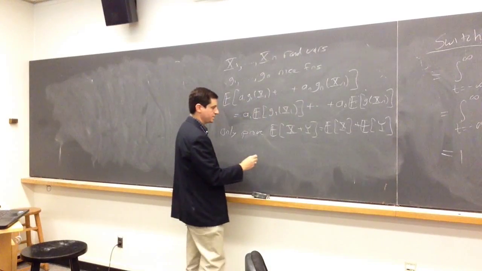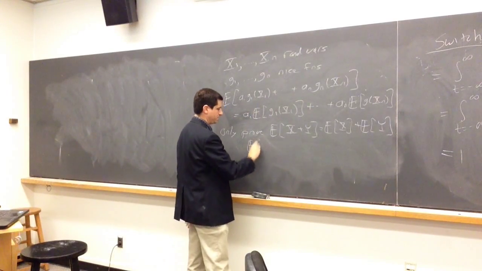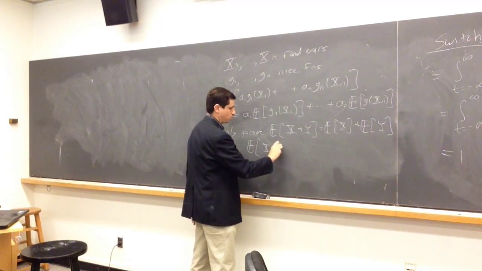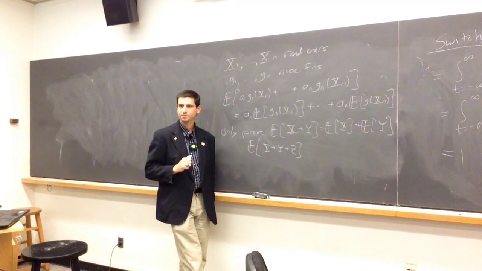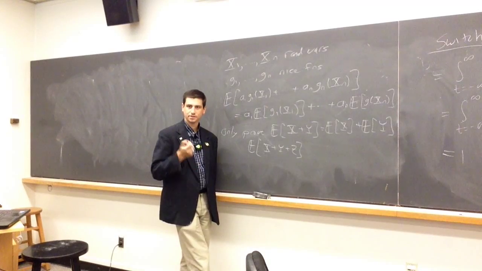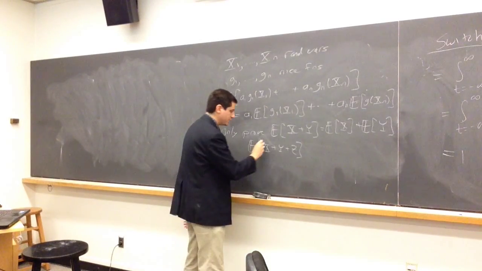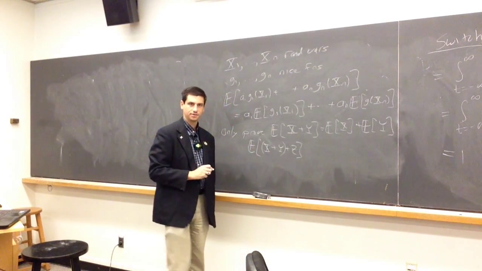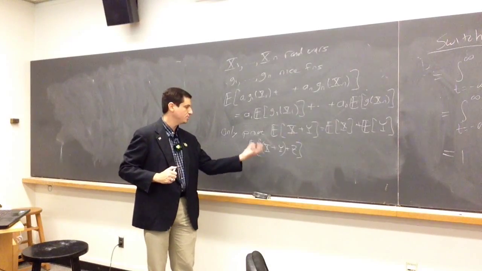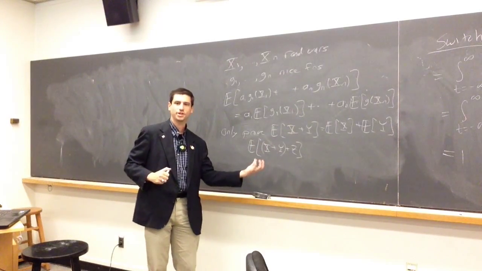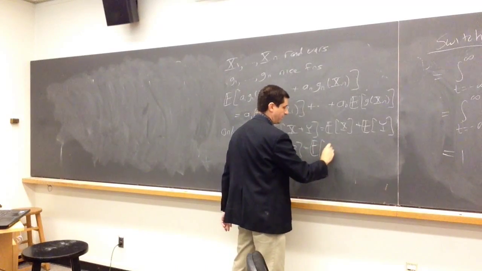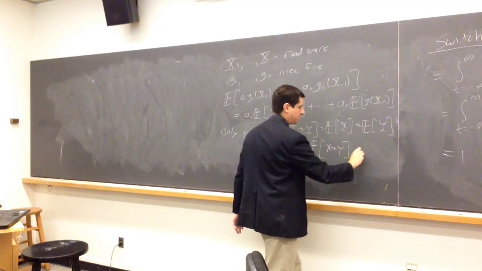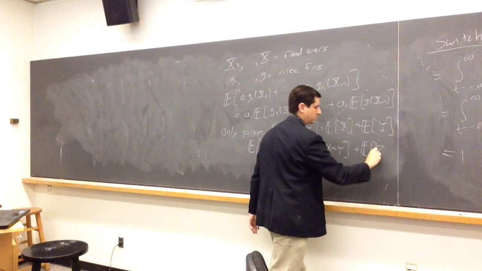In fact, one way to see these things follow similarly is if I have the expected value of x plus y plus z, how should I view that? I should view this as x plus y, quantity, plus z. If I do a grouping like this, this then would become the expected value of x plus y plus the expected value of z.